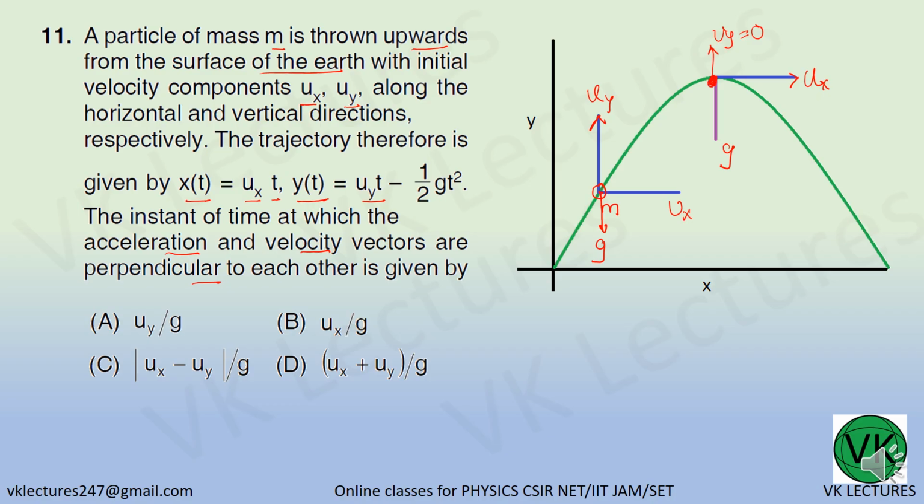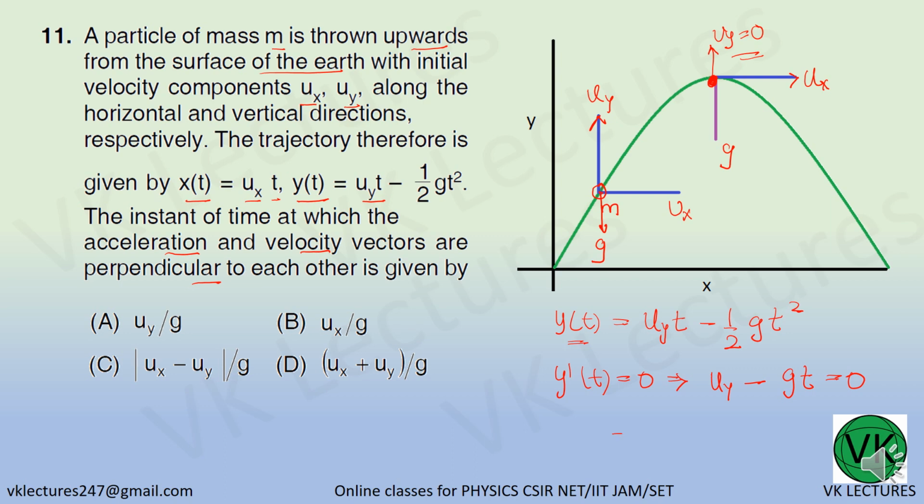Now to find that point, you know uy equal to 0. Uy equal to 0 means y of t is given: y of t is equal to uy into t minus half g t squared. This uy equal to 0 means y dash of t equal to 0, which means take the derivative of this y of t. What you get is uy minus gt equal to 0.